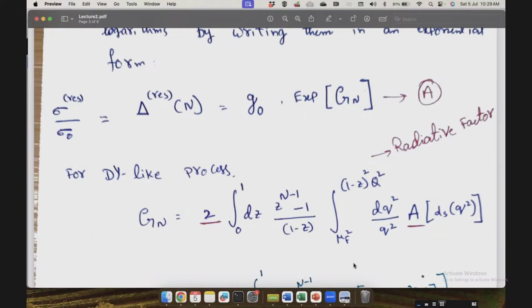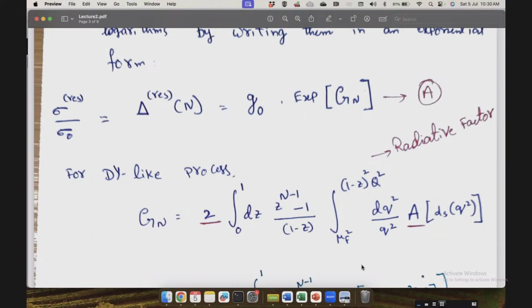There, the lower limit will be slightly different. Instead of mu_F squared, you have the kinematic dependence, which comes like 1 minus z times Q squared. And if you have another type of process, e- e+ goes to q q-bar, then the soft collinear gluons are emitted from both the quarks in the final state. Then you have the same factor 2, but the limits will be different.